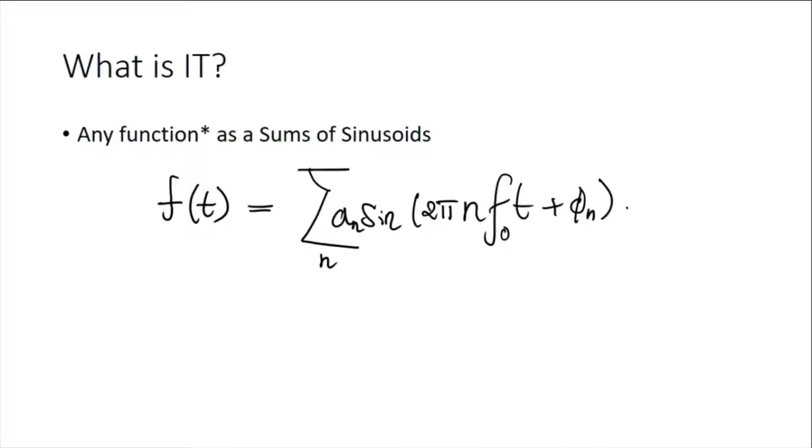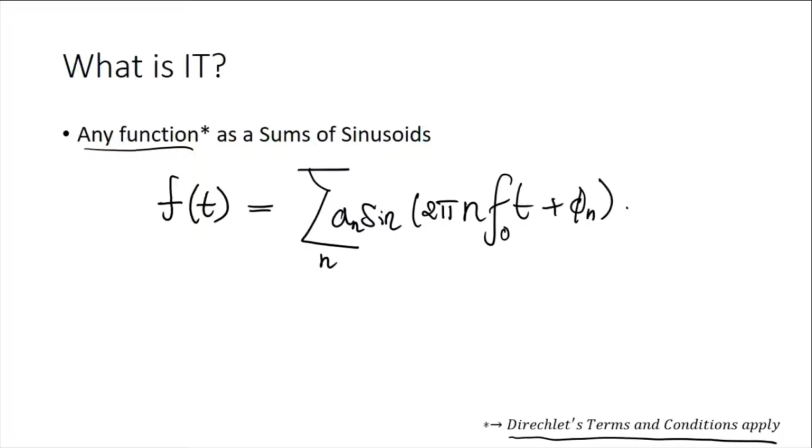Now when I say any function, there are some terms and conditions which people who are really familiar with this subject might know, which are the Dirichlet conditions. What I'm going to say is that almost all reasonable functions can be expressed as a sum of sine waves.